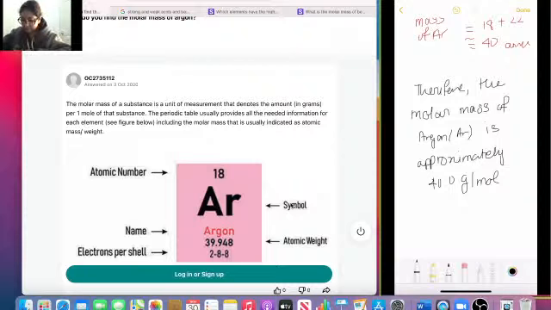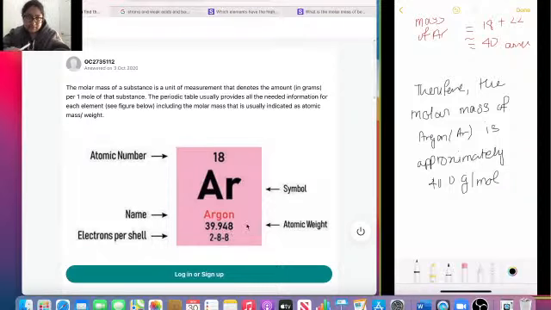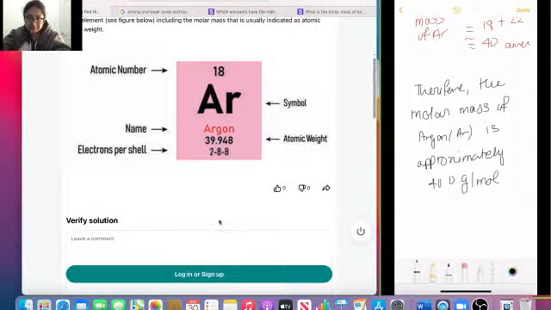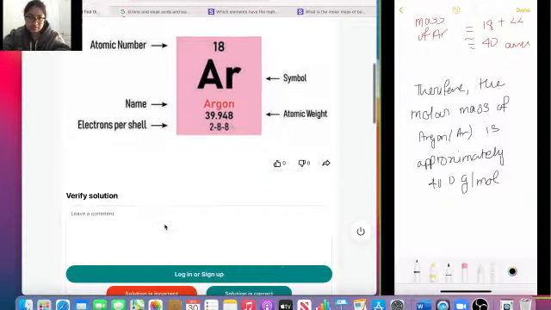When you're dealing with molar mass, your units are grams per mole, and this is given in your periodic table. This is for one atom or 1 mole of argon. You can look this up in your periodic table, but this was one of the ways you can relate molar mass with atomic mass. I rounded my number to 40, but this is the exact atomic mass or molar mass. So yeah, this is correct.